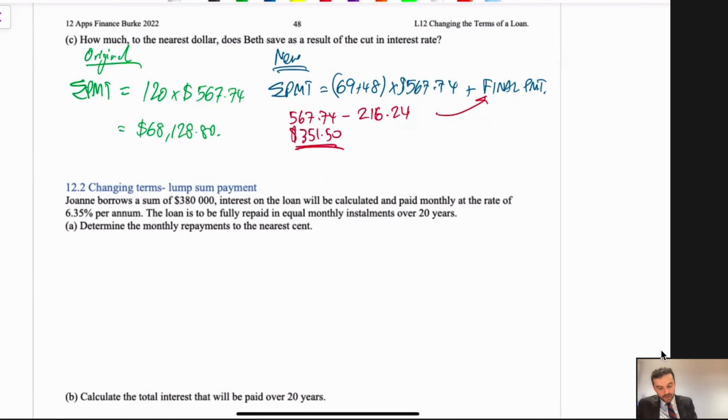There it is there. So we're going to plug that in. And what's our total payment? Well, here we go, we can plug this all in now.